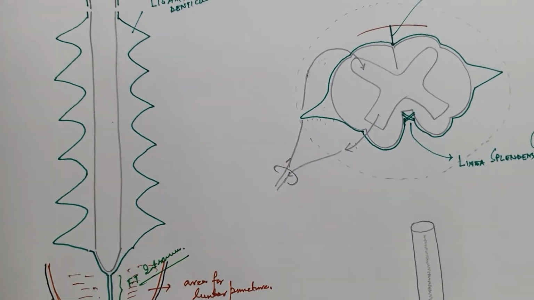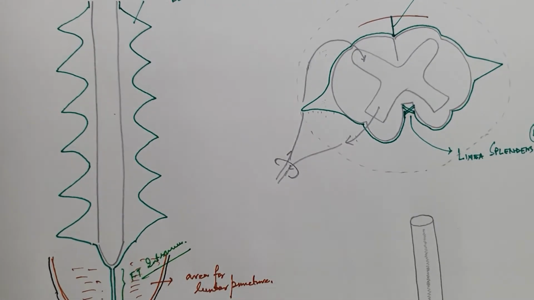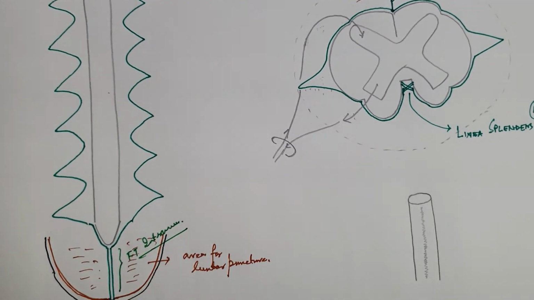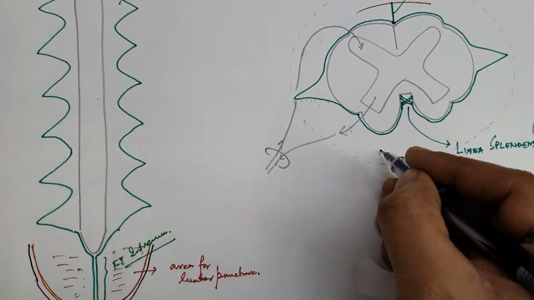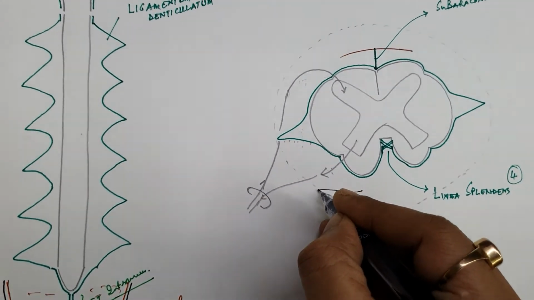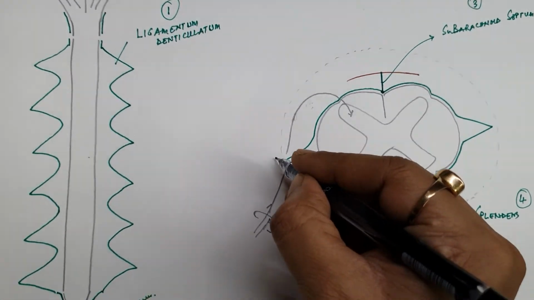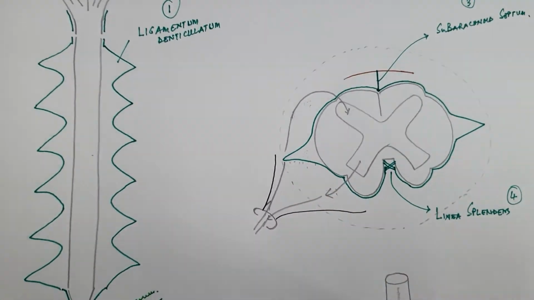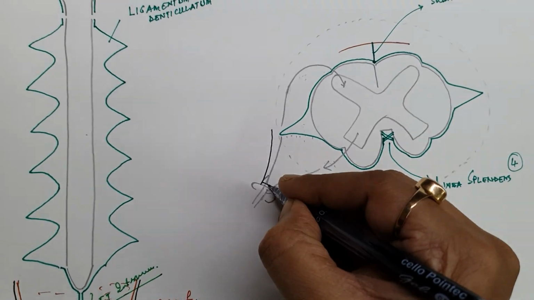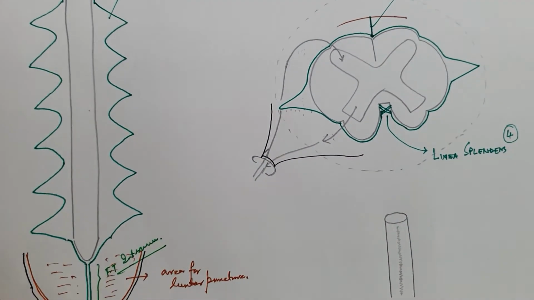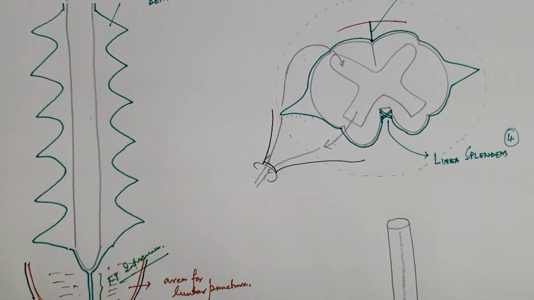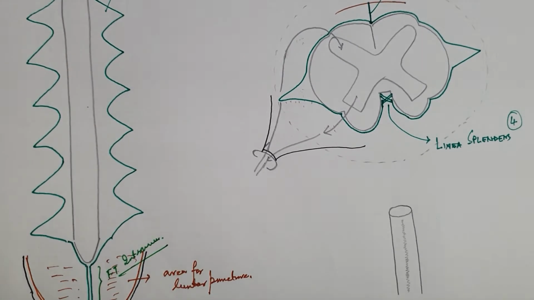The dura and arachnoid prolong up to the intervertebral foramen, and they end there.